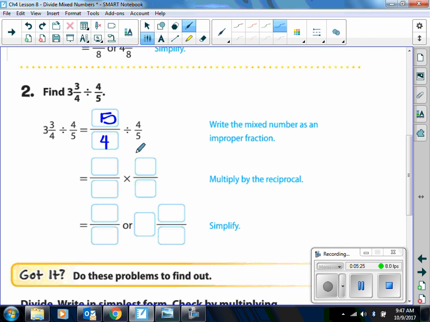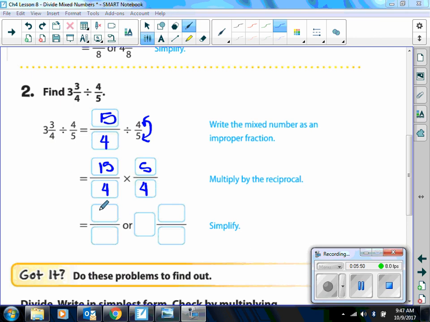And now we can keep, change, flip. So this becomes 15/4 times, we're going to flip the second fraction to the reciprocal. So that's going to be 5/4. And it looks like we can't simplify anything before we multiply. Gosh darn it, right? Does everybody see that?